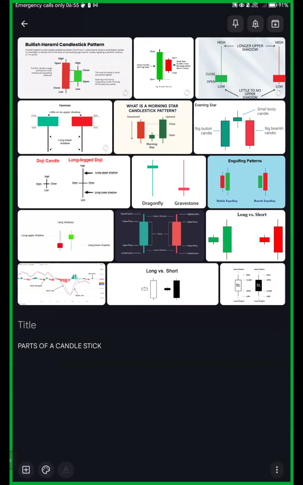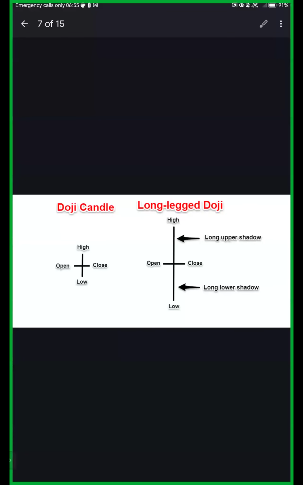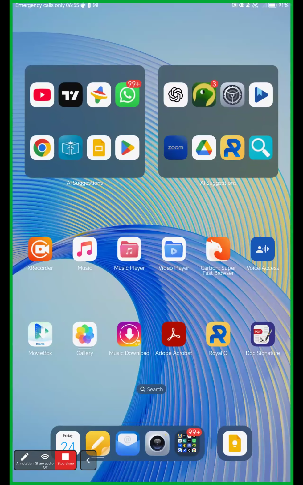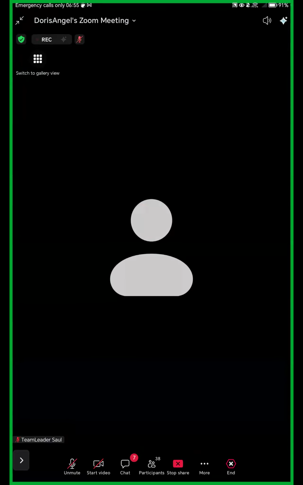Okay, so on Wednesday, I think we ended on the Doji family. We looked at these types of dojis where we discovered that there's a Dragonfly Doji as well as a Gravestone Doji.